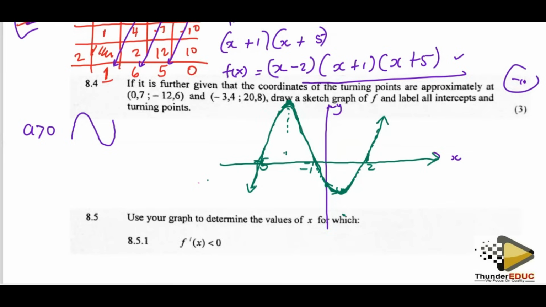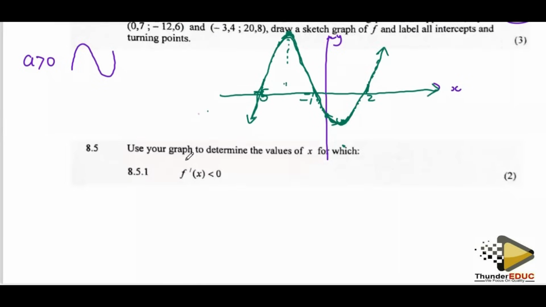And then they want us to use the graph to determine the values of x for which the first derivative is less than 0. So first derivative is normally the gradient function. Okay, so where do we find the gradient to be less than 0? In other words, the gradient must be decreasing. Okay, so if this is 0,7, this is negative 3,4.